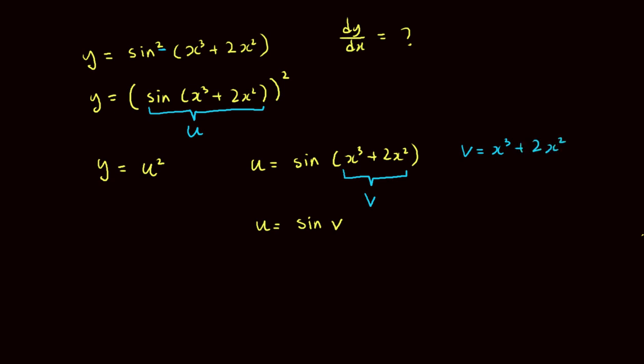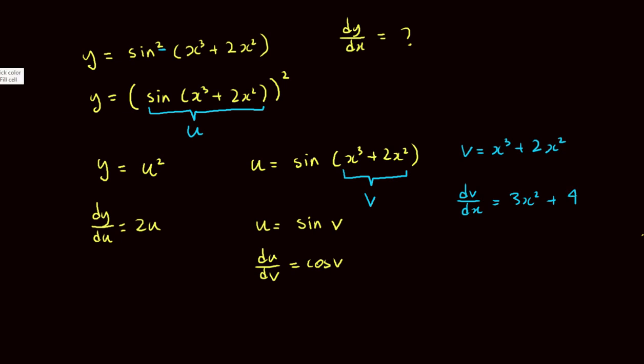As we differentiate these three intermediate equations, dy over du is just 2u, du over dv is just cosine of v, and dv over dx is just 3x squared plus 4.